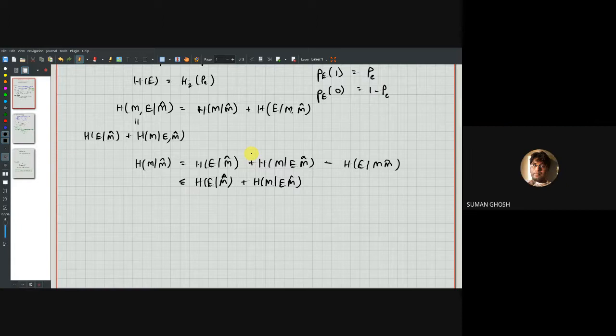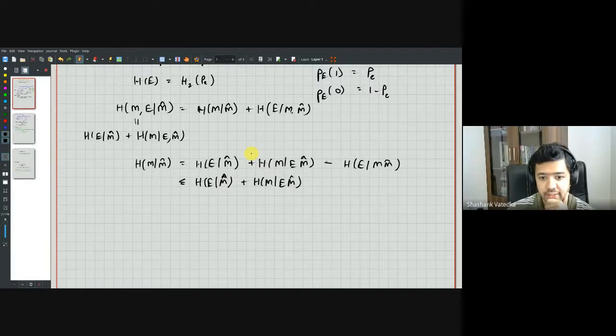So the last term should be 0, because given m and m hat we can deterministically calculate what E is. Correct. So given m and m hat, you know exactly what E is, because E is a function of m and m hat. In fact, this is not just an inequality, this is an equality.